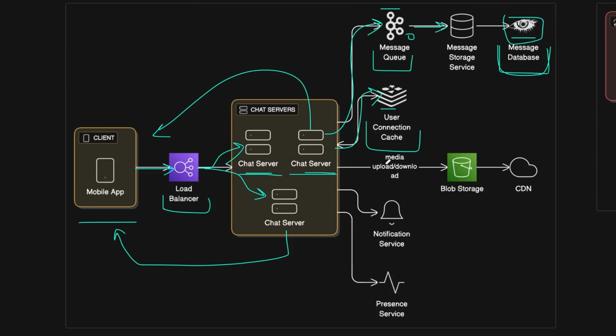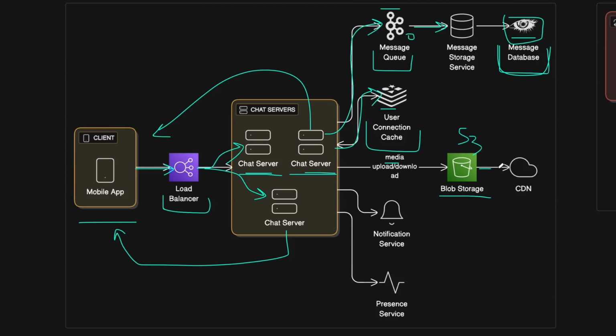In the requirements, we also have the requirement to store media files like messages with voice notes or with images. For that, we will use some sort of blob storage. This can be like AWS S3 or Google Cloud Storage, and this will hold the actual files.